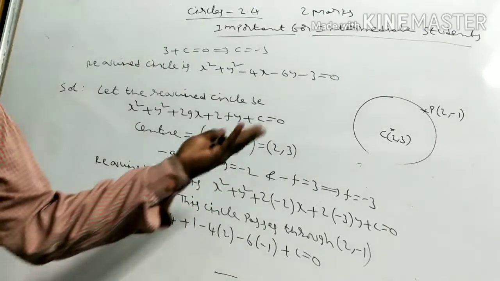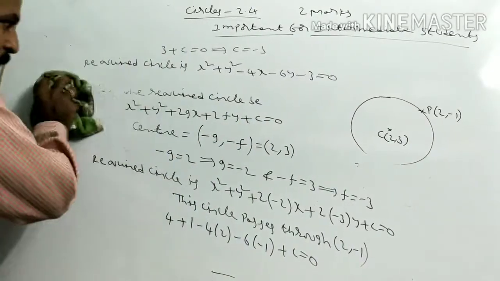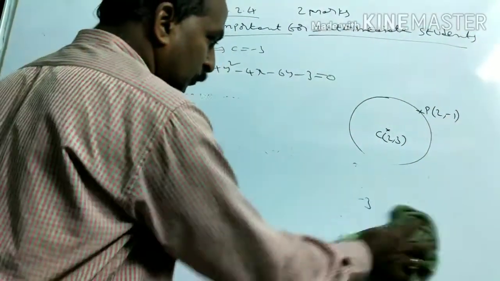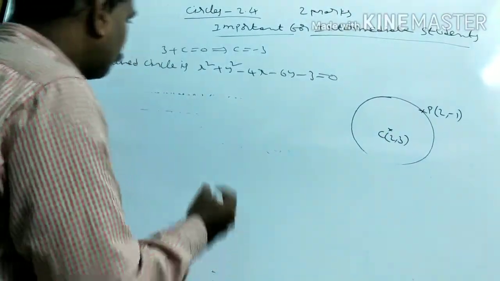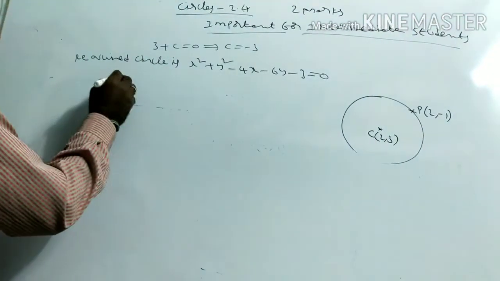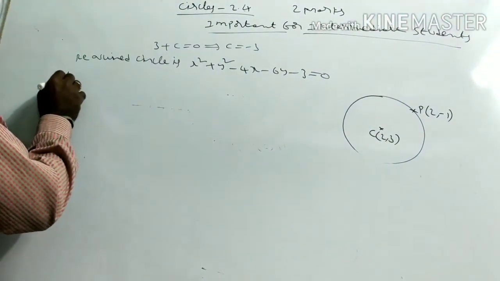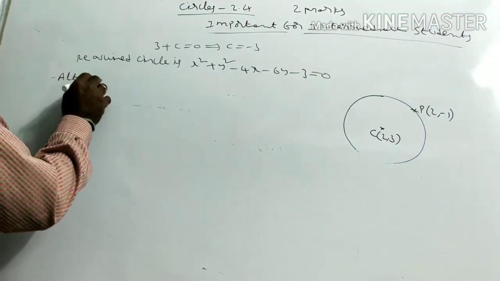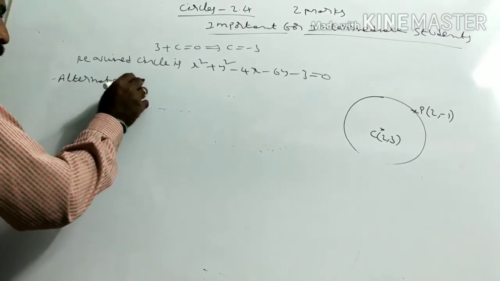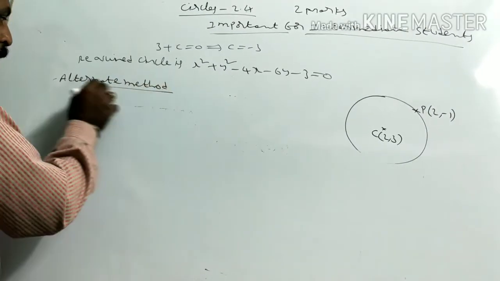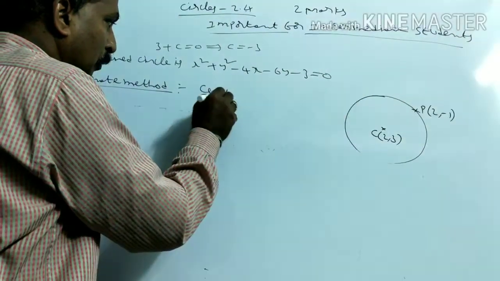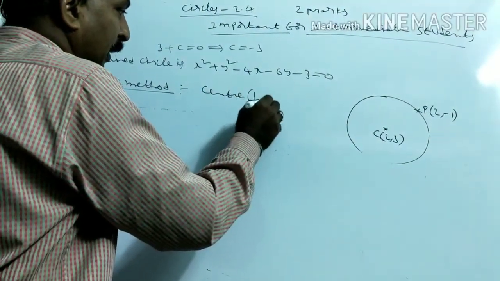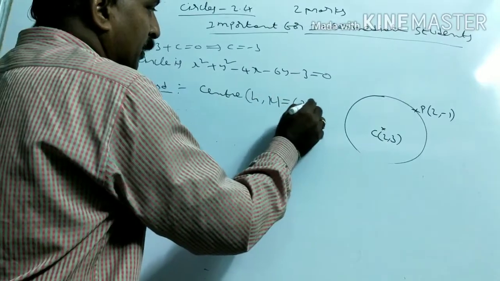Alternate method for this problem. Given that the center (h, k) equal to 2 comma 3.